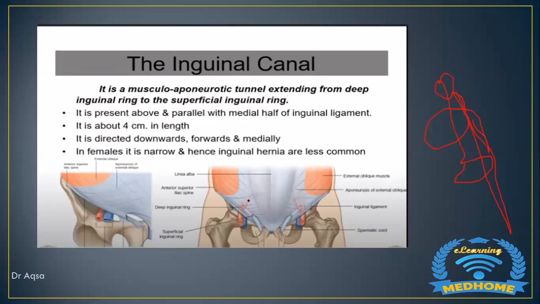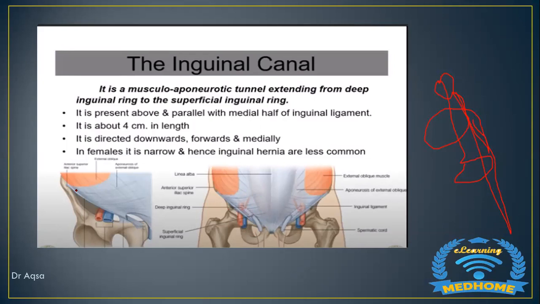Now what is the direction of the inguinal canal? If you look here, this is the deep inguinal ring and this is the superficial inguinal ring, a very small 4 centimeters. It is directed downward and medially towards the pubic tubercle and forward as well. In the female, this space is really very narrow, so the chances of having inguinal hernia are very less in females as compared to males.